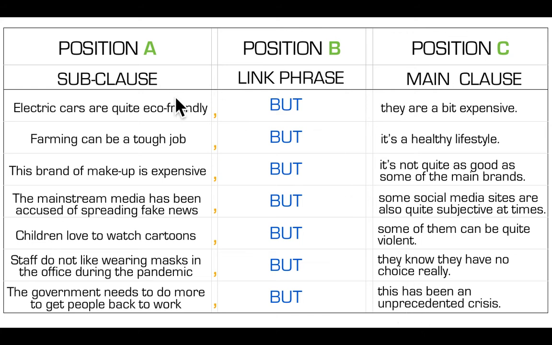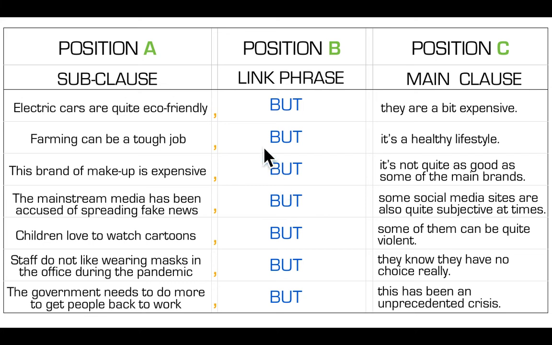So here we have, in position A and position C, 2 parts of a sentence or an idea that are in some way opposite to each other, or they show an alternate perspective. And here in the middle we have but, and we want to use the higher value versions of but from the but family. So let's have a look at how to do this.